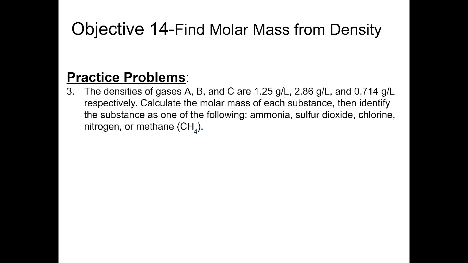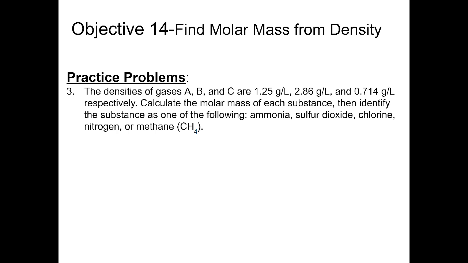Okay, so NH3 or ammonia, and I'm going to write that off to the side and draw an arrow to it. NH3, or ammonia, if we're finding the molar mass of ammonia, is 14.0 plus 1.0 plus 1.0 plus 1.0, because there are 3 hydrogen, and hydrogen's molar mass is 1.0.